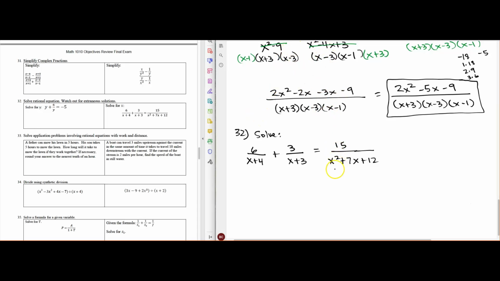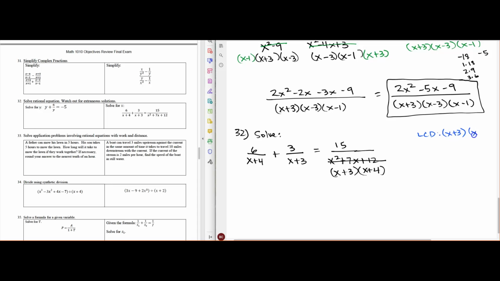So I'm going to factor this. 3 times 4 is 12, and when I add those, I get 7. Right. So then I want to know what my LCD is, not to make the fractions, but to be able to kill off the fractions.